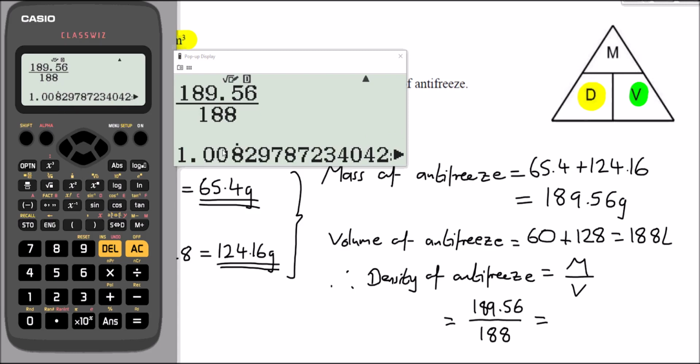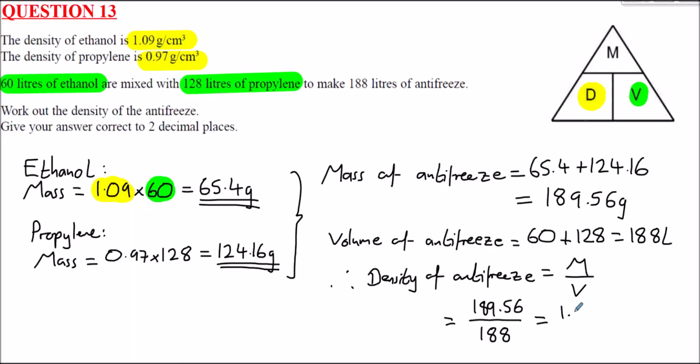Not 1.00, because next to this final 0 is an 8. So that 8 forces this 0 to round up to a 1. So we have 1.01, and don't forget the units, grams per cubic centimetre. And that's our final answer for number 13.